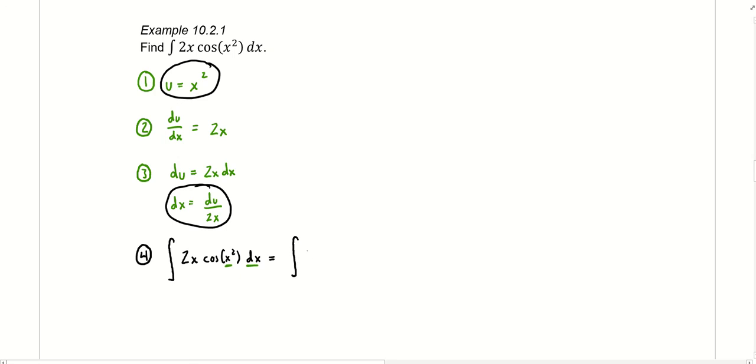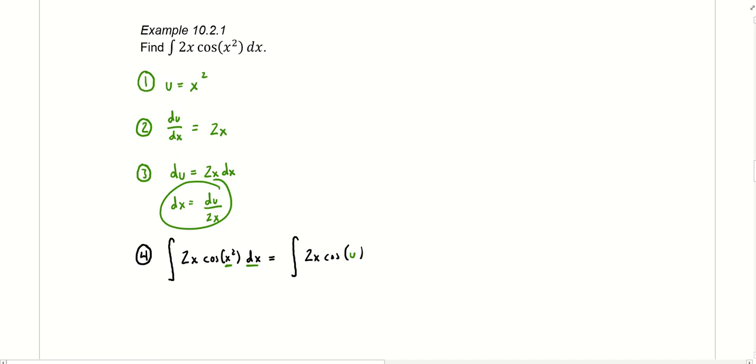So I have the integral of 2x, that stays the same, times the cosine of, originally it was x squared, but here I'm saying x squared is u, so I'm going to replace x squared with u. And instead of integrating with respect to dx, I'm going to want to integrate with respect to du. So I'm going to replace dx with what I said up here.